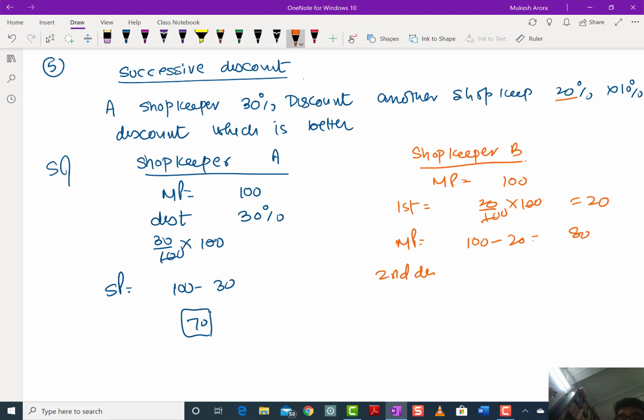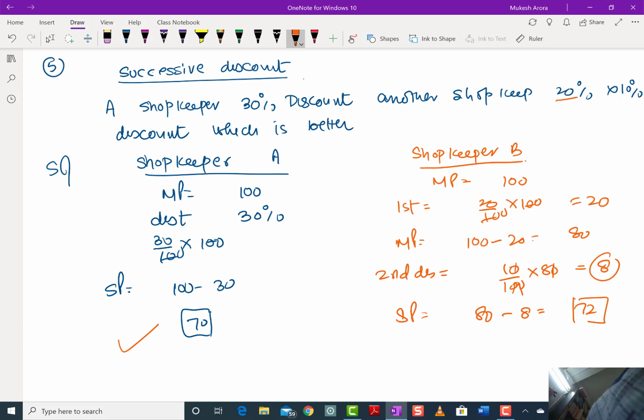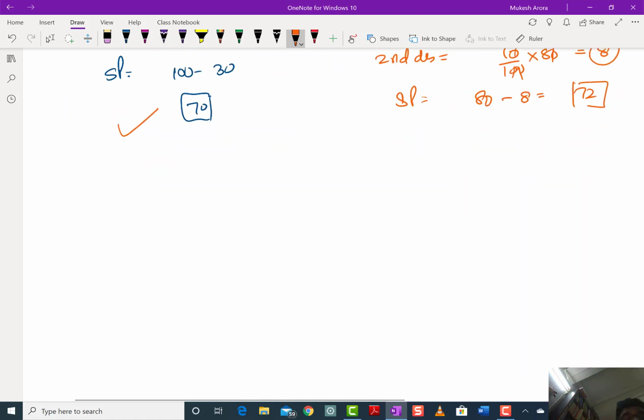Second discount will be on 80, so it will be 8 rupees. So selling price will be 80 minus 8, 72. That means the first is better. The less price will give more benefit to the customer.